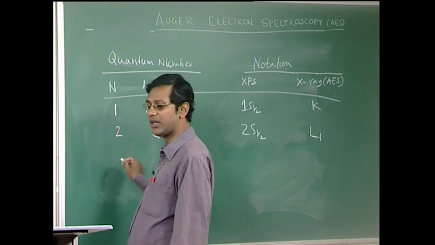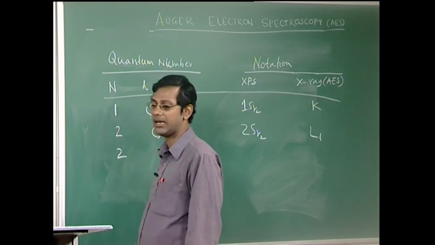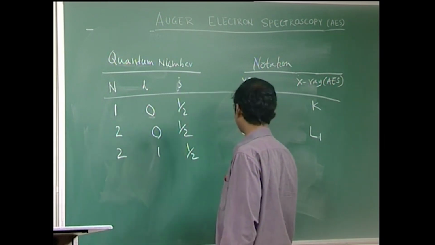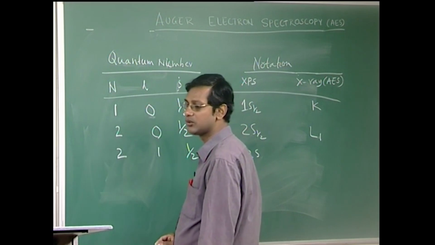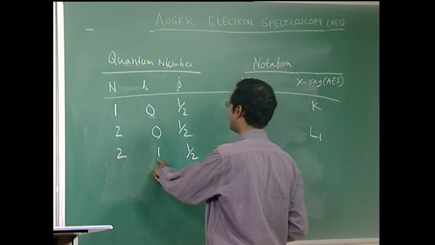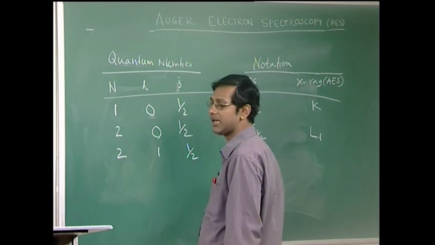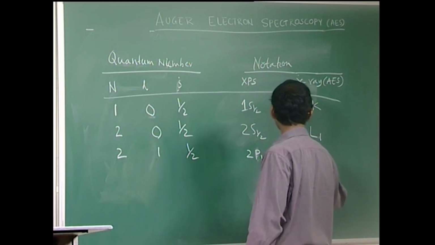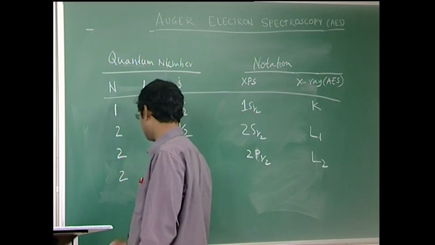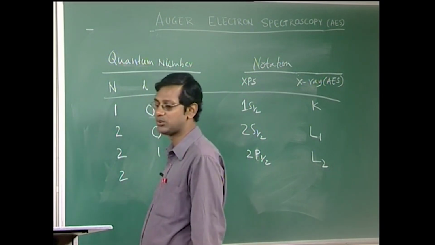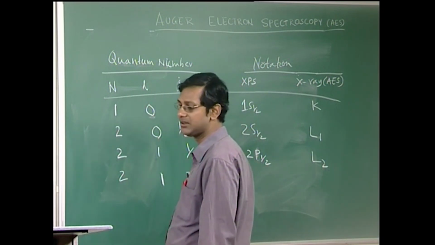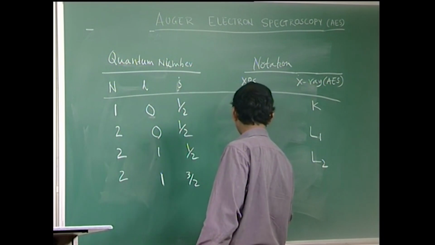Now suppose n is 2 again, with l equal to 1 and 1/2. This will be 2p 1/2, because l is 1, and this will be L2, yes L2. Then if you use 2, 1, 3/2, where 3/2 is 1 plus half, this will be 2p 3/2.